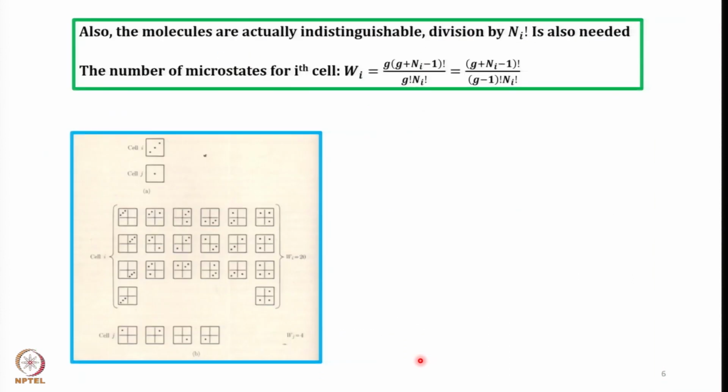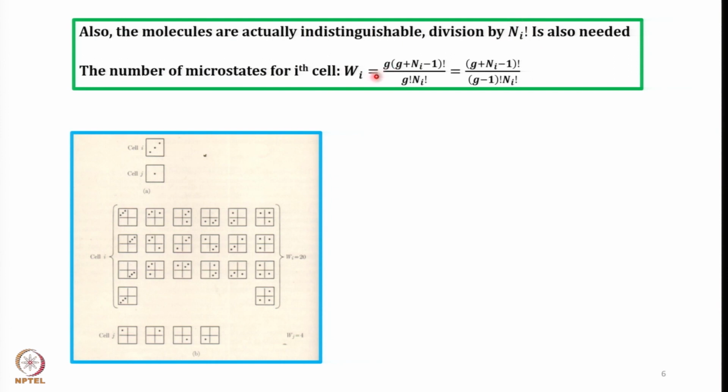All right. Now, we have taken care of sequences, but remember that all the phase points that we are talking about are also indistinguishable. Therefore, in order to not overcount the number of states, we need to divide by Ni factorial.